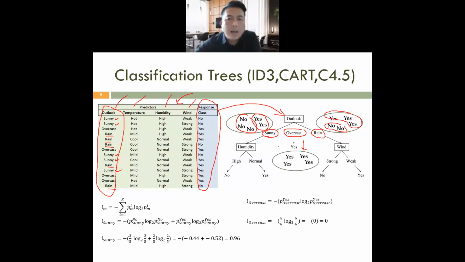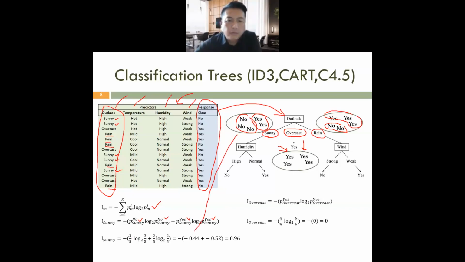So how do we compute the total impurity for each of the nodes? We will use the same formula here. This is for the no, this is for the yes, so we will have 3/5 and 2/5.